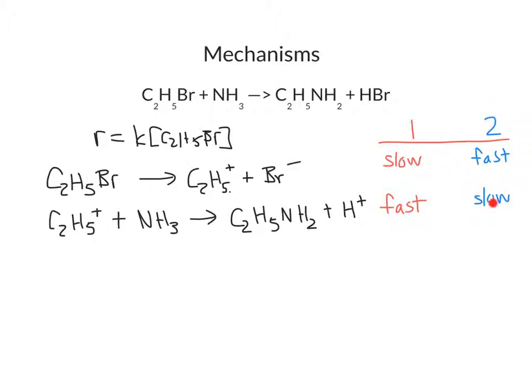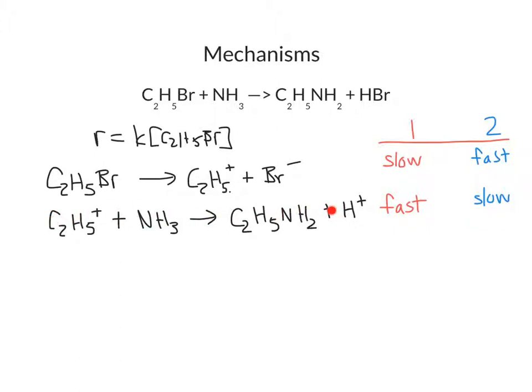In the second possibility, the person who's washing the dishes does it really fast, and the person who's drying the dishes is really, really slow. And so the wet dishes start to accumulate and build up, and the person drying the dishes can't keep up, and so you keep making more intermediate, and it only gets used up very slowly. And so the rate at which you can make these dry dishes depends more on this second reaction.